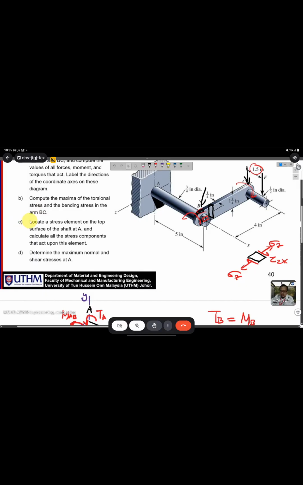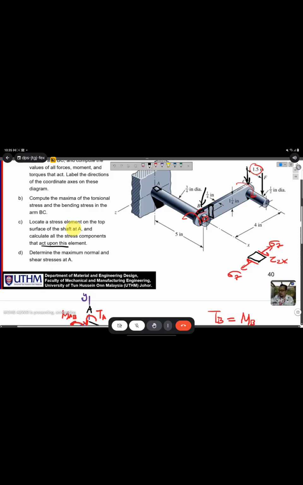So C: locate a stress element on the top surface of shaft A. This is shaft A, so we want to study the top here, draw an element and calculate all the stress components that act on this element.